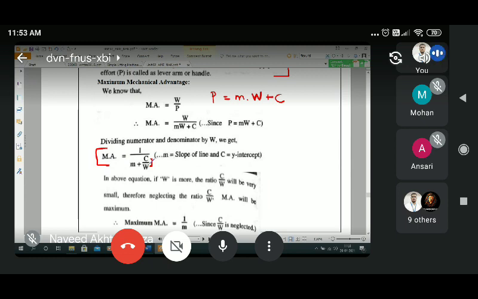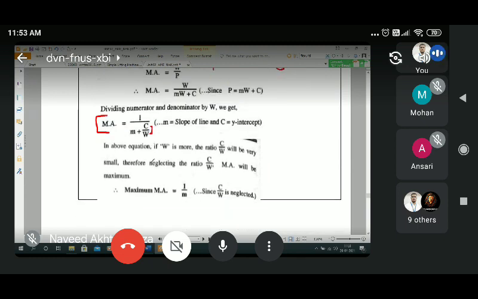In the above equation, if W is more, then the ratio C upon W will be very small. Therefore, neglect the ratio C by W. If we neglect this ratio, it will be 0. So the mechanical advantage is equal to 1 upon m.